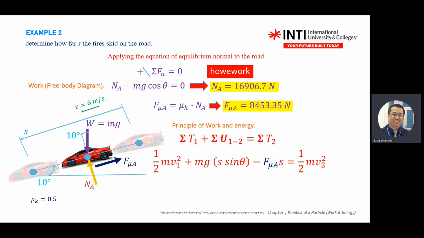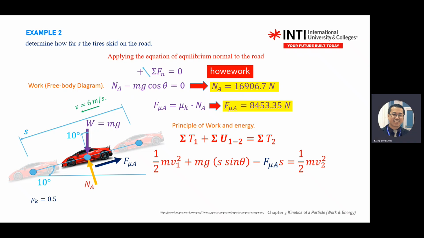Of course, normal will not give you work, because it's at 90 degrees. So positive or negative for your work done, and then kinetic energy at position 2 is half m v2 squared. Then you can solve the question already.